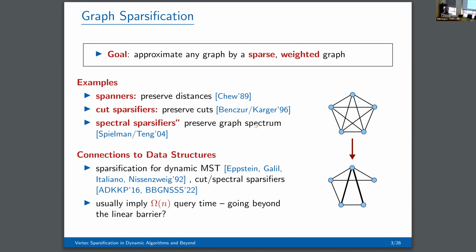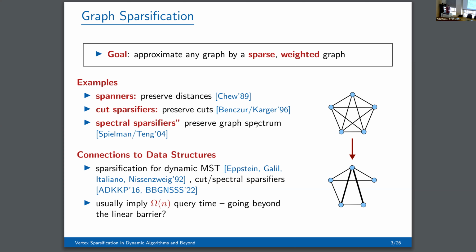But one drawback of all of these techniques is that whenever you're trying to solve a graph problem and just maintain a sparsifier, then whenever you want to query, the sparsifier is sparse, but it doesn't go beyond this linear barrier, right?